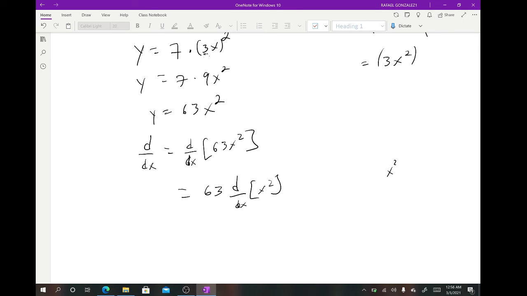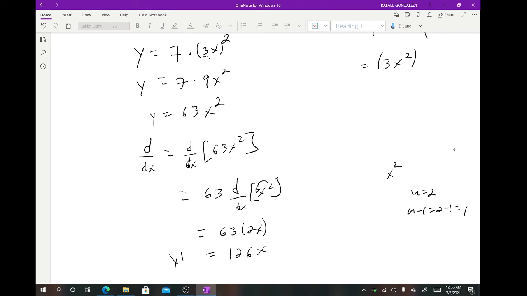But remember, x squared, n here is 2, which means n minus 1 here is 2 minus 1, which is 1, which just means that this is the same thing as 2x. So this is 63 times 2x, which is 126 x's. So we have that the derivative of y is 126x. So that is how you use the constant multiple rule. Thank you for your time.